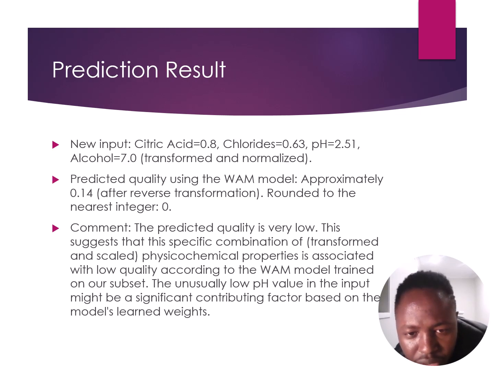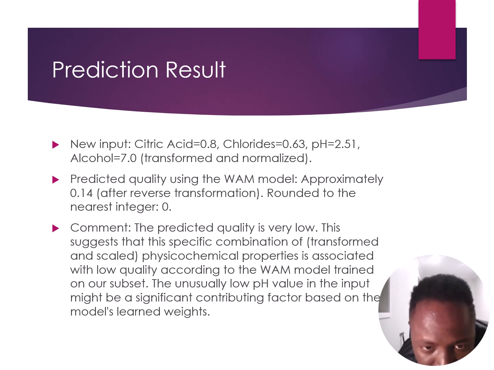So the prediction results. So the new input: citric acid 0.8, chloride 0.63, pH 2.51, alcohol 7.0, transformed and normalized. Predicted quality using the WAM model approximately 0.14 after average transformation, rounded to the nearest integer, which is 0.